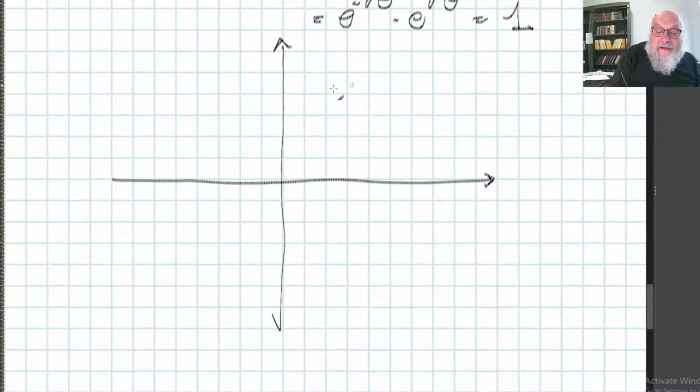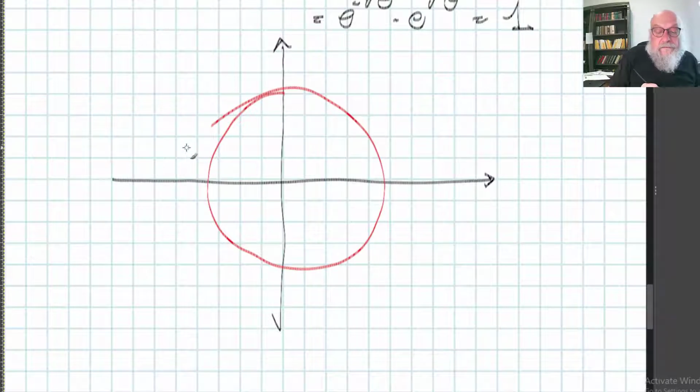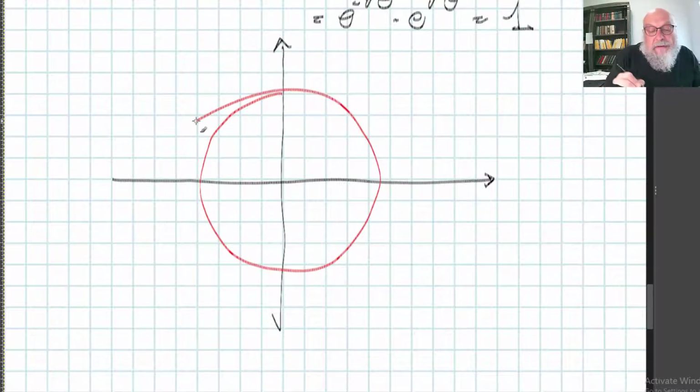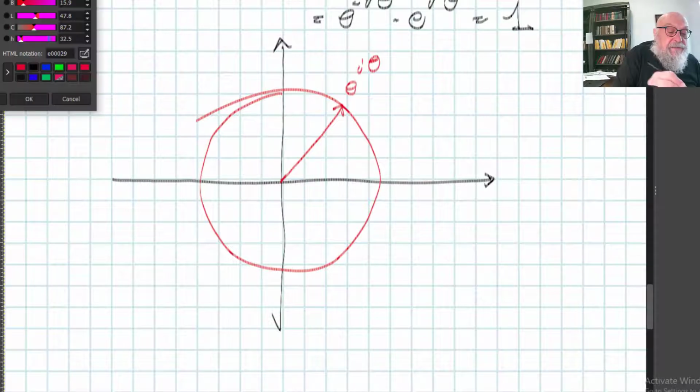If you have here a circle, and now let's take an element e^{iθ}.